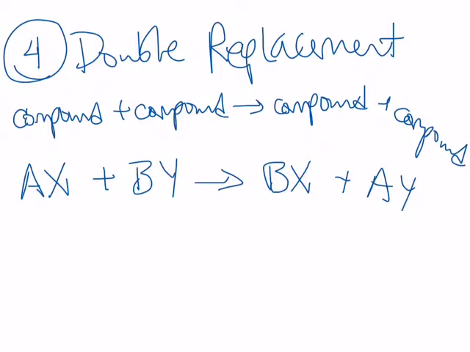It's kind of a partner swap, right? A and B switched, and A combined with Y, and X and Y switched, and B combined with X. It's always going to look like this with the outside ones coming together and the inside ones coming together, because it's going to involve ionic compounds.